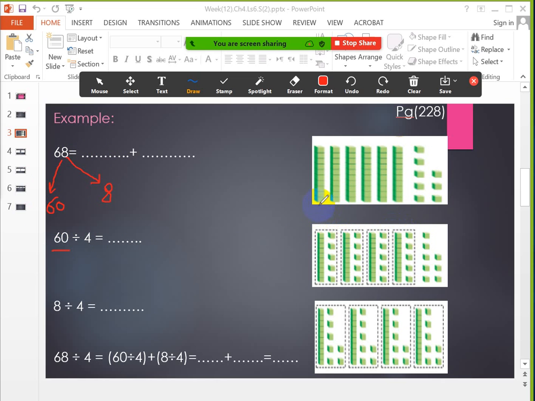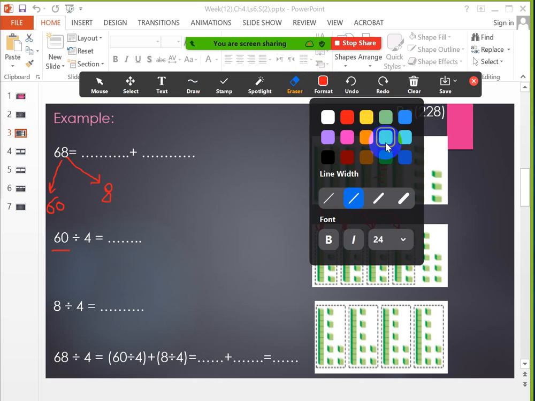So look, this is the first one, this is the second one, this is the third one, and this is the fourth one. Now there are 2 longs left with me. What do I have to do with those two longs? I will break those 2 longs into small cubes like this.